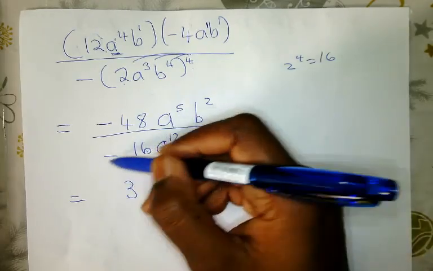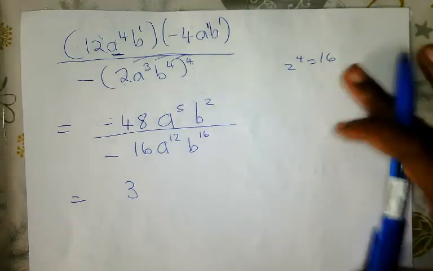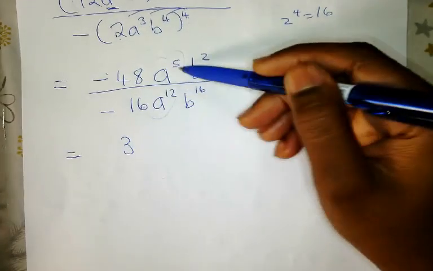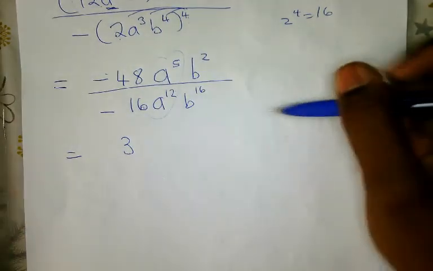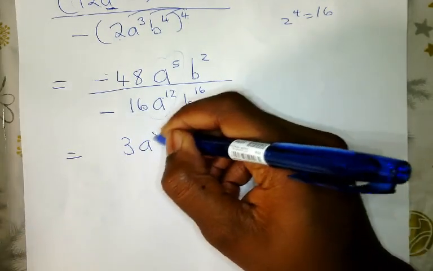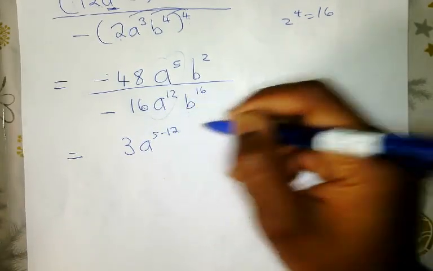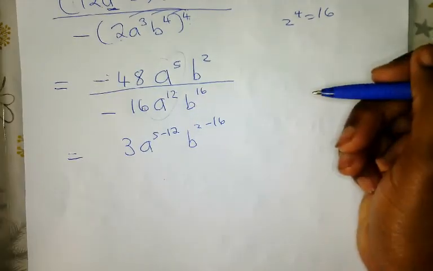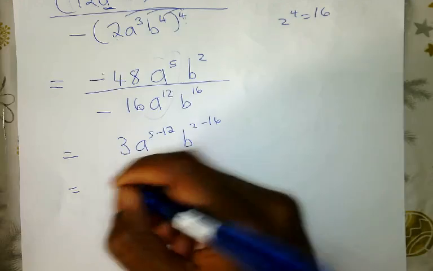And then here we're going to subtract. What is 5 minus 12? It's negative 7. And then what is 2 minus 16? It's negative 14. So I'm going to be left with a to the negative 7 and b to the negative 14.